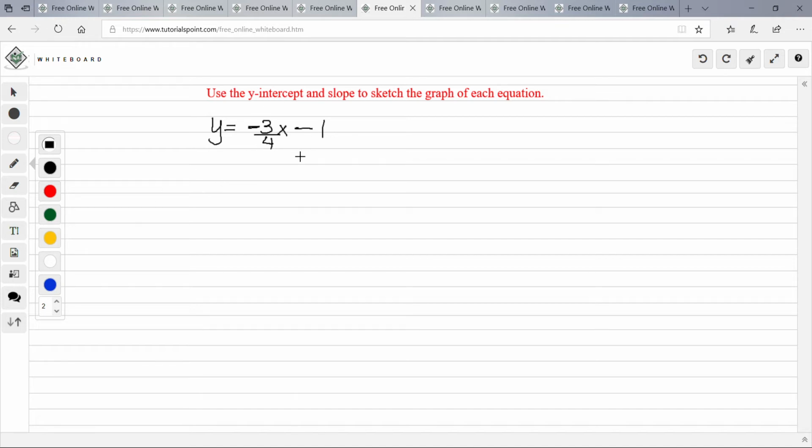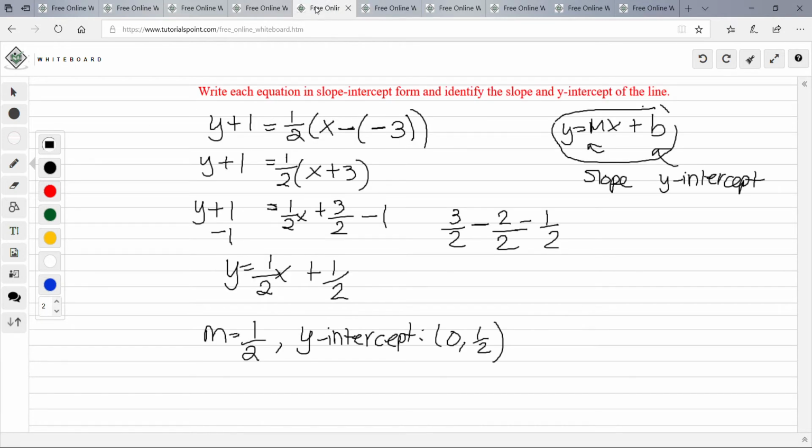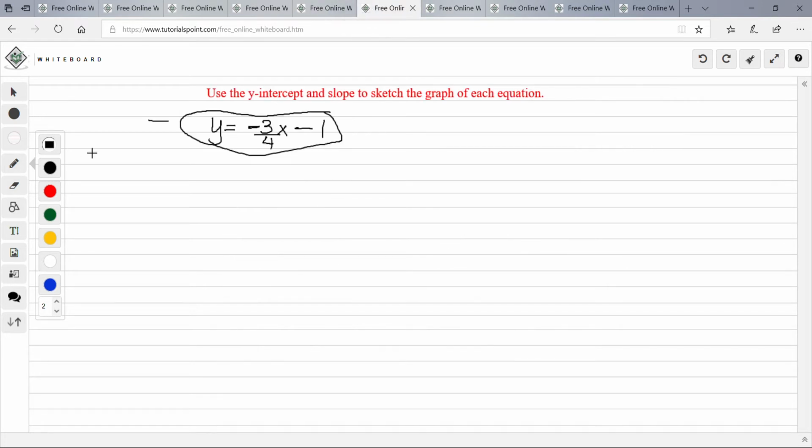So what form is this? Ask yourself, what form is this? This is in point slope form. I mean, what is it called? Slope intercept form. So this is slope intercept form.